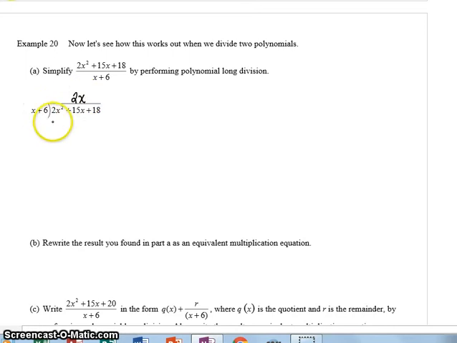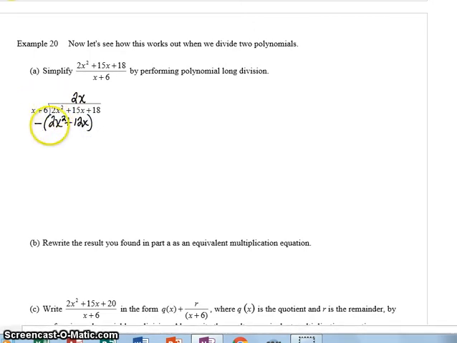When I multiply 2x times x, I'm going to get a 2x squared. But then I also have to multiply the 2x times this positive 6, and I get 12x, but then the whole thing goes in parentheses and is subtracted.